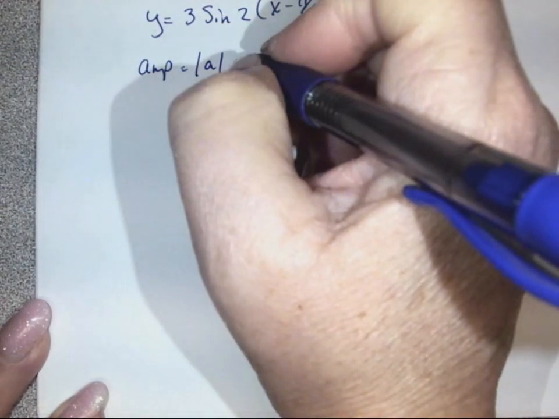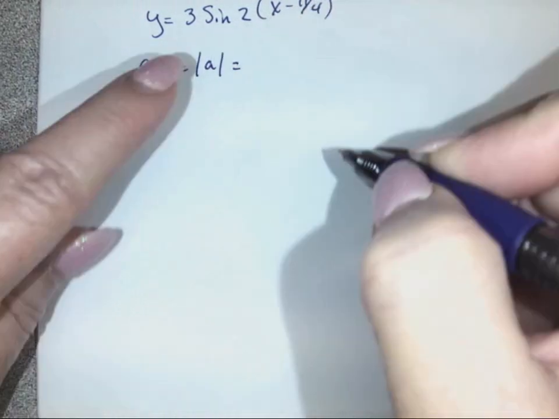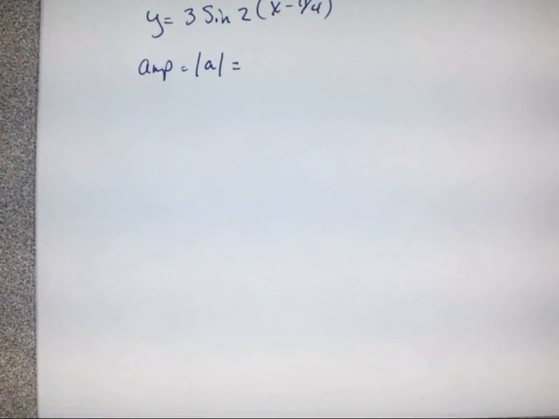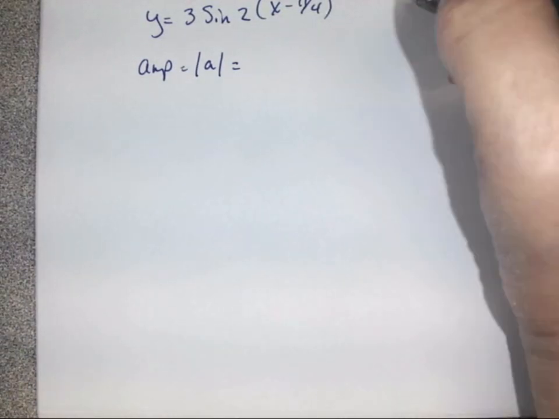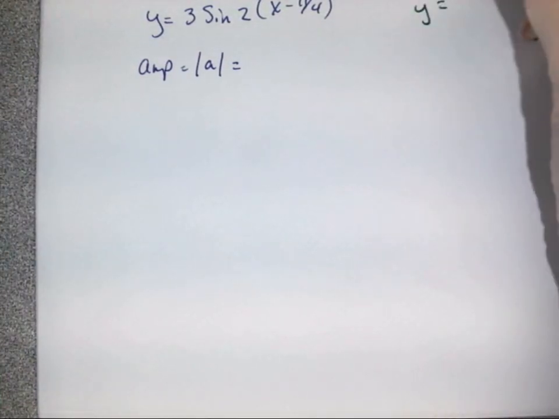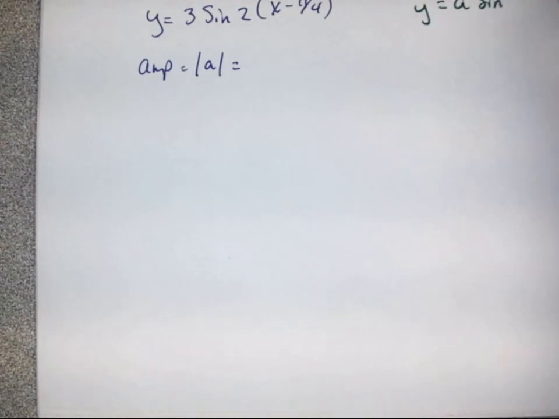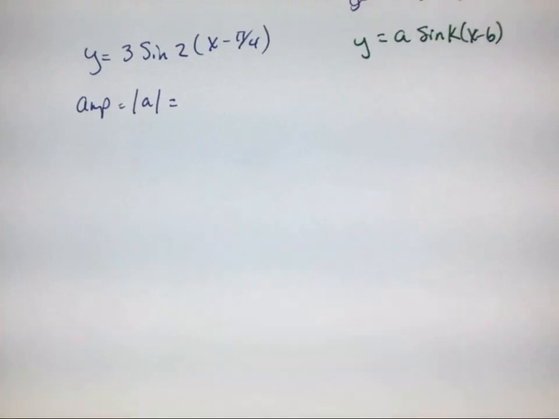All right, so the amplitude of A, well, remember our A is going to be here. For sine, this would be y equals A times the sine of k times x minus b. So this time we actually have a phase shift going on.